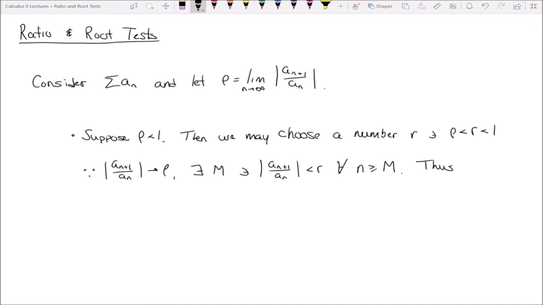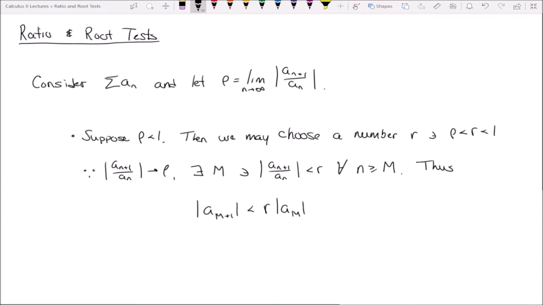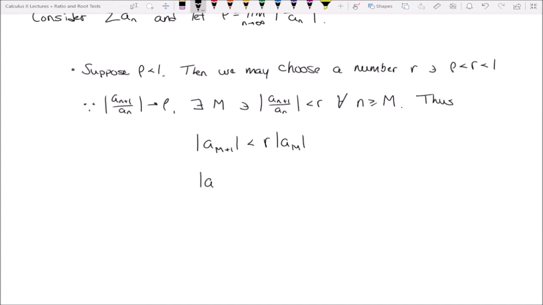Thus, if we look at the absolute value of a sub m plus 1, this is less than r times the absolute value of a sub m. If we look at the absolute value of a sub m plus 2, this is less than r times the absolute value of a sub m plus 1, but that would be less than r squared times the absolute value of a sub m.